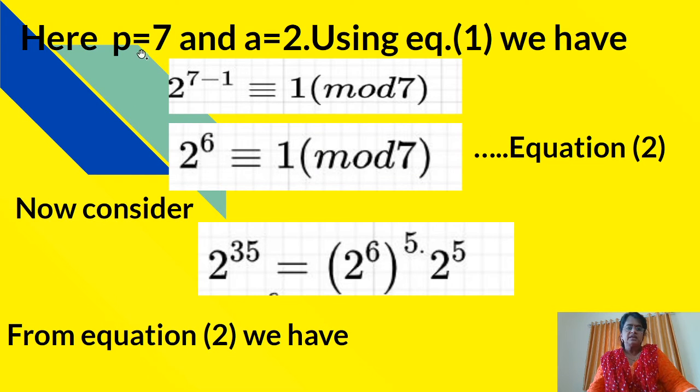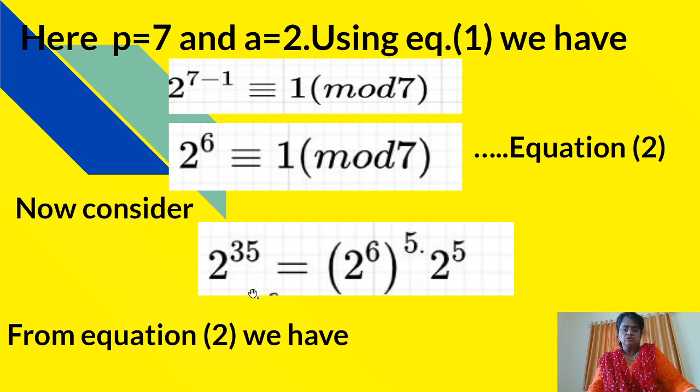Here p is equal to 7 and a is equal to 2. Hence, using equation number 1, we can write 2 raised to 7 minus 1 is congruent to 1 mod 7, which means that 2 raised to 6 is congruent to 1 mod 7.